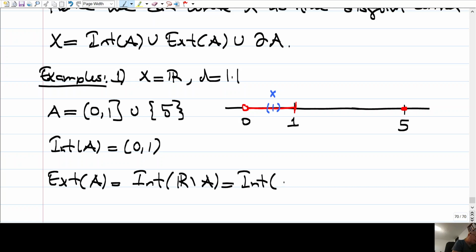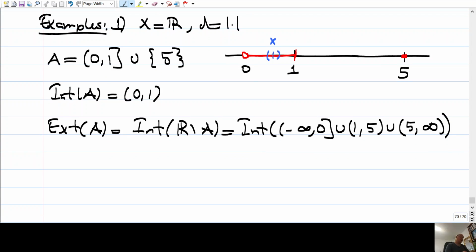First of all, I get everything from minus infinity up to 0, including 0. And then 1 to 5. 1 is not here, 5 is not here. And then 5 to infinity.